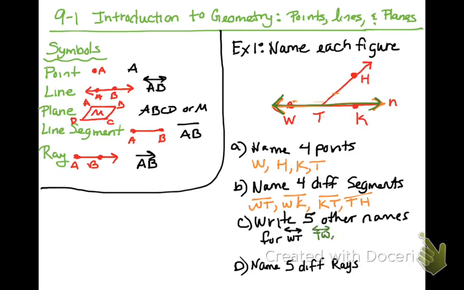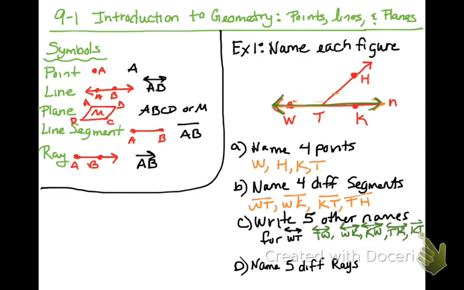What are some other points on that line? K. So I can make it WK. Or what? KW. I can even not have W in there. What other T? T what? TK. TK and KT.